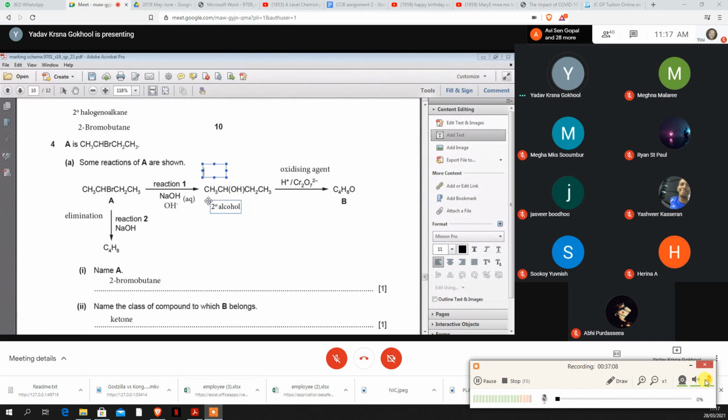So this NaOH should be in the aqueous state. When we count over here, 1, 2, 3, 4. Move this down. This will be 4, 3, 2, 1.